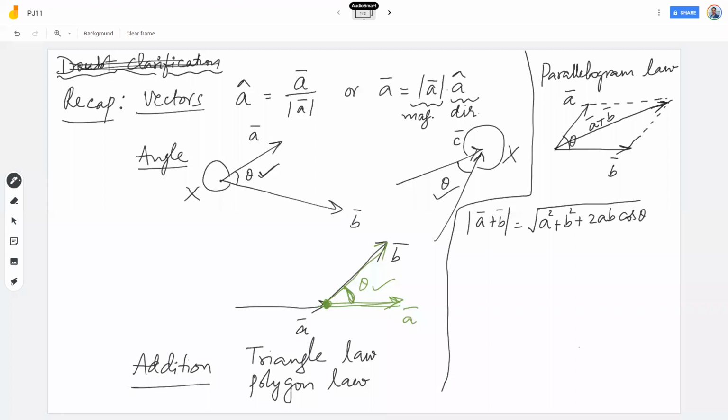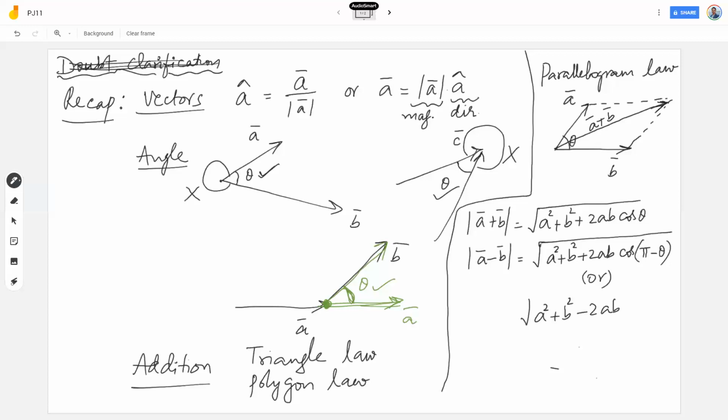Or magnitude of a bar minus b bar is equal to root of a square plus b square plus 2ab into cos of pi minus theta, pi or 180 degrees, whichever unit you want to use. This is the square root of a square plus b square minus 2ab cos theta.